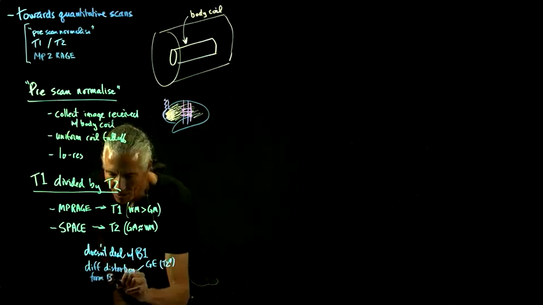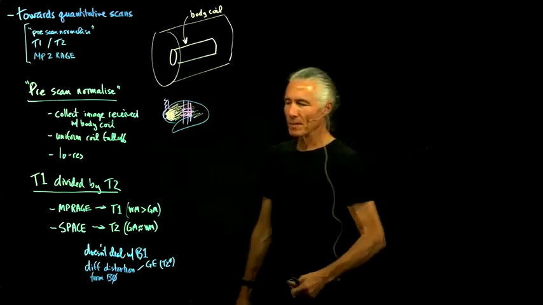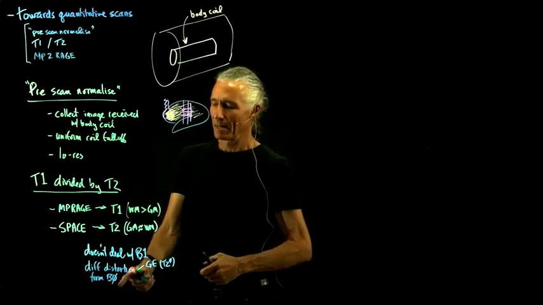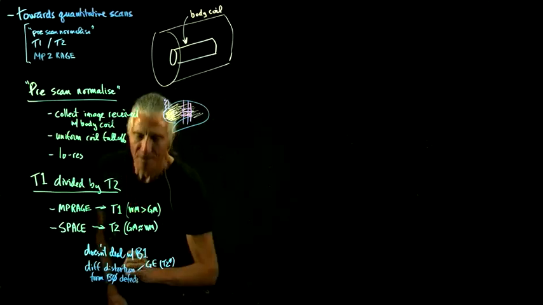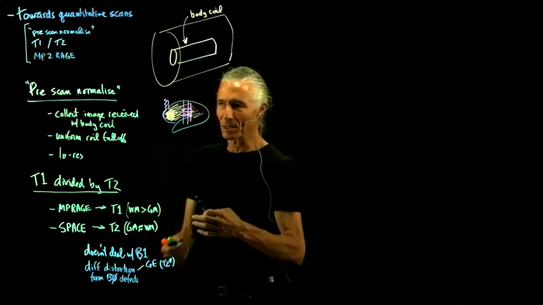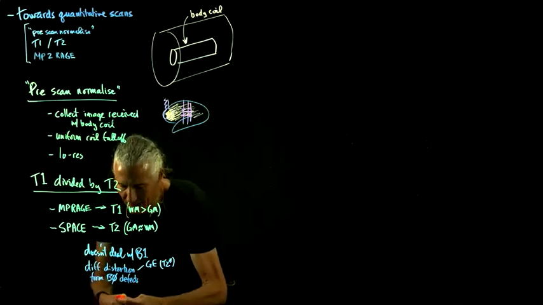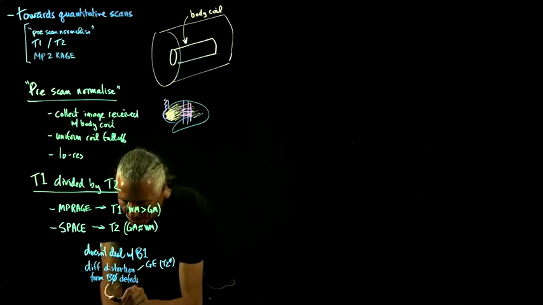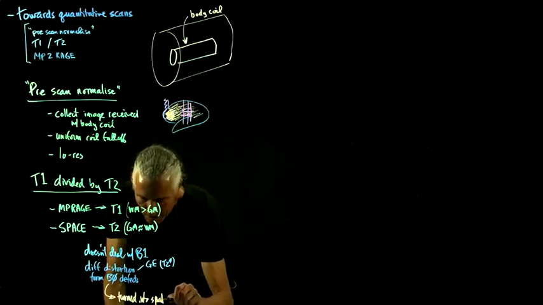So this one was the B1 from the RF transmit, but the B0 is just a static, different distortion from B0 defects, so different parts of the brain are going to have slightly different B0s, and those will be translated into spatial distortions. So remember, that's the relevance of this: it gets turned into spatial distortion.